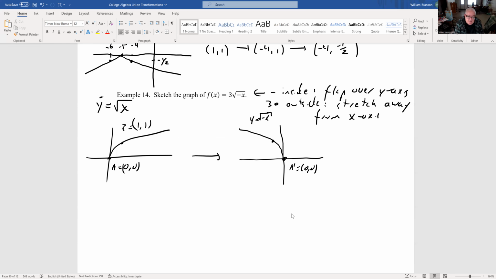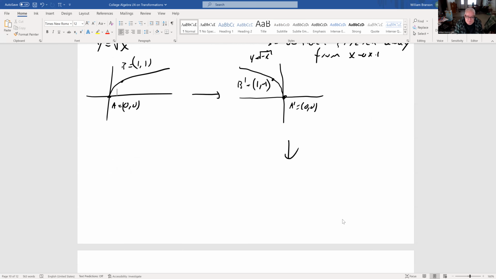And B prime now, the point B becomes the point -1, 1. And then stretching it by a factor of 3, what does that do? Well, that's going to leave this point alone. So we'll have A double prime equals 0, 0, because if we multiply 0 times 3, we get 0.